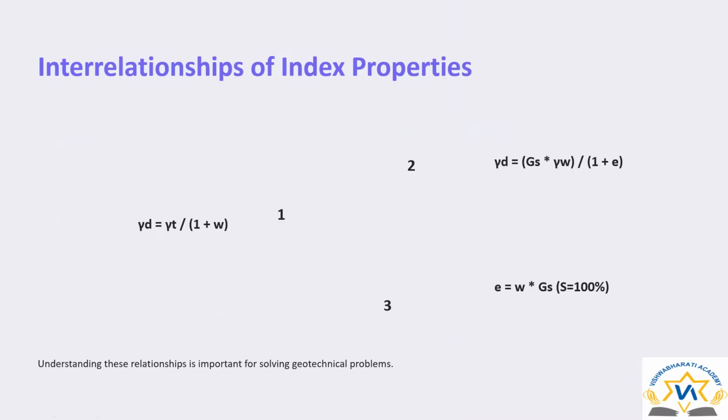Then next is the interrelationship of index properties. Some formulas are shown. The first formula, then the second one with the help of dry density or dry unit weight. With the help of these formulas, we calculate index properties.